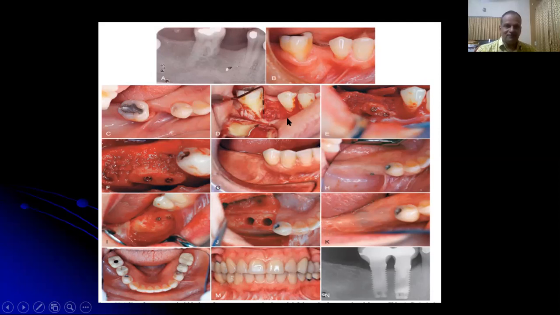And then the cortical perforation was done in the recipient site, that is the first molar area where there is defect, and then the site is measured with the periodontal probe so as to harvest the required size of the graft from the donor site, that was the mandibular symphysis area.